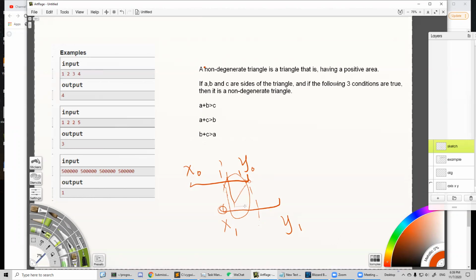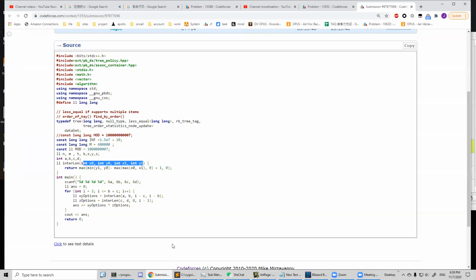If the range is smaller than 0, that means it is 0, right? In that case, if we have two ranges like this, then these two sections don't have an intersection, so we return 0, right? So that's how we calculate the intersection of two ranges.